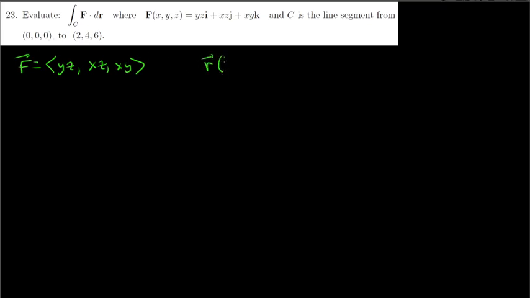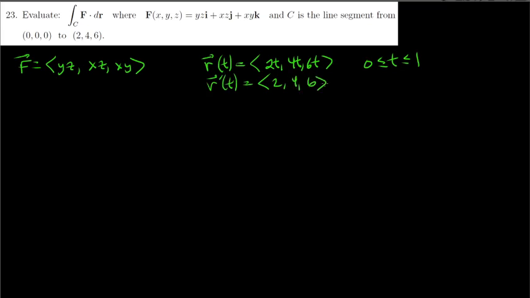So when you're parameterizing your line, how about just 2t, 4t, 6t? That way, t just runs from 0 to 1, and your derivative is just 2, 4, 6. Well, dr will be that times dt.